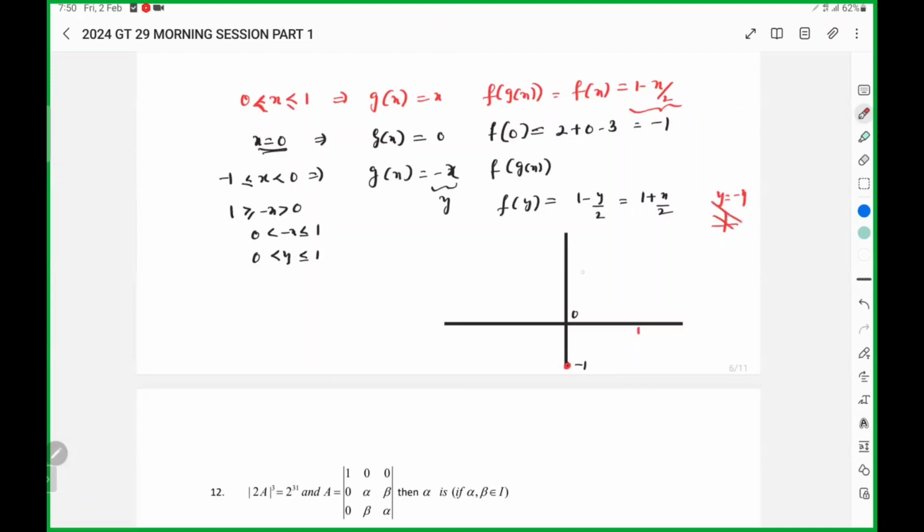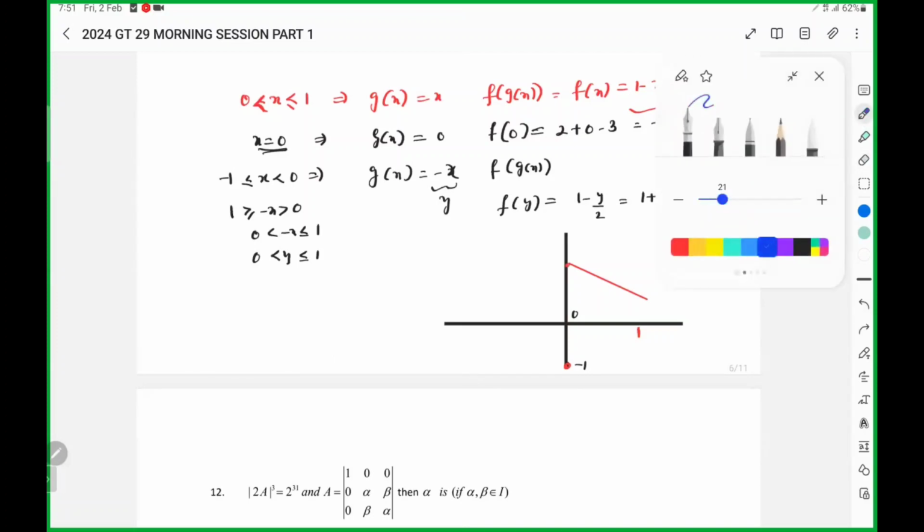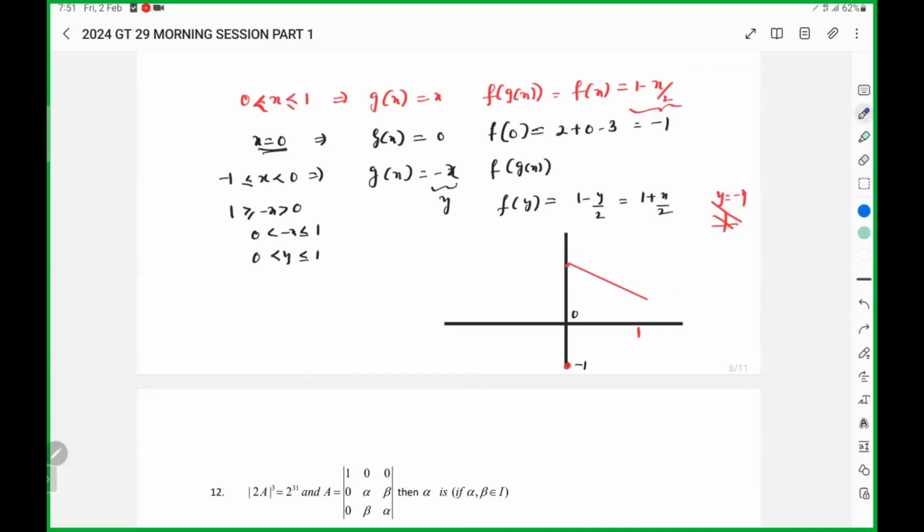By 2 plus 1 means here you will have a line like this. And at 0, it's not included. Let us leave some gap. Hole, we will say a hole at 0.